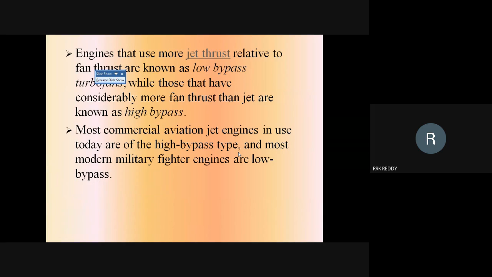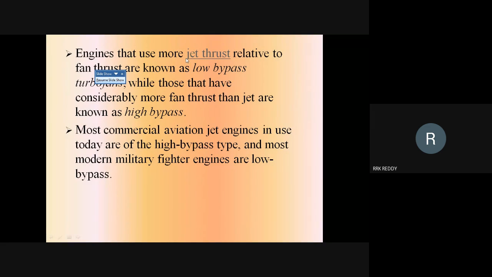Actually we divide these types of turbofan engines into two types: low bypass turbofan engines and high bypass turbofan engines. What is meant by low bypass turbofans and high bypass turbofans? Thrust is developed in two ways here, as I told. One is fan thrust and the second one is jet thrust. If the engines use more jet thrust relative to the fan thrust, they are called low bypass engines.